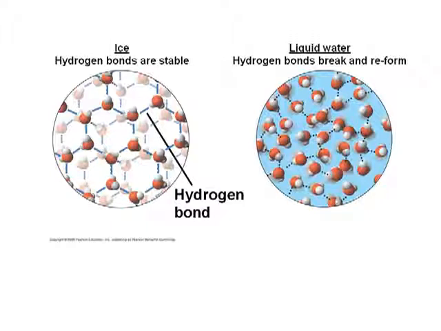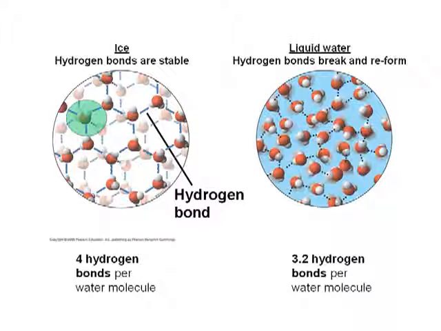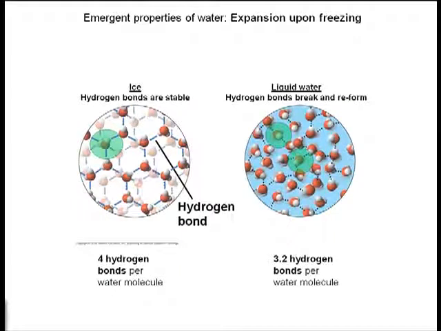The stable bonds between water molecules at these lower temperatures lock the molecules into a crystalline lattice formation, and each molecule is bonded to 4 other molecules, whereas in liquid water, on average you get 3.2 bonds between one molecule and others. Some are bonded to 2, some are bonded to 3, some to 4, but on average it's 3.2. This difference is why ice is actually 10% less dense than liquid water.